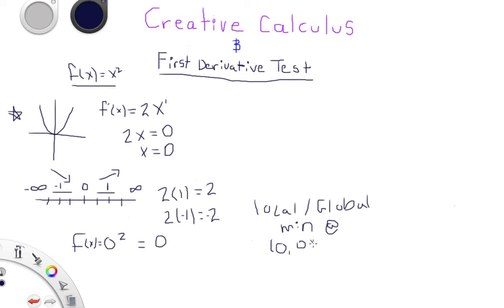And where we got that value was our critical point, which is x, and then we solve for y, and we get our minimum or maximum value.